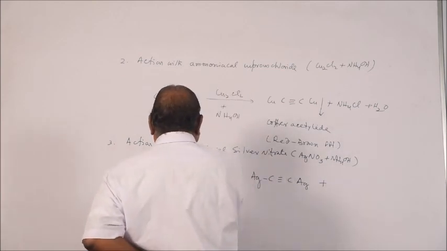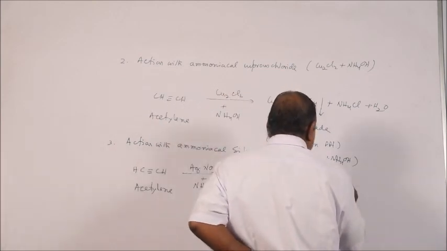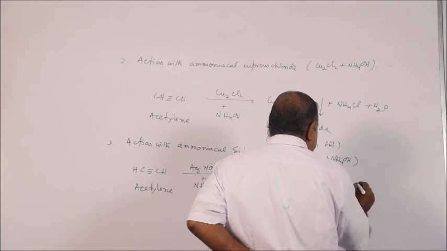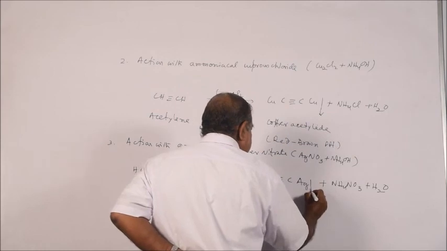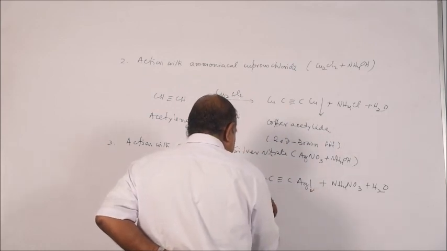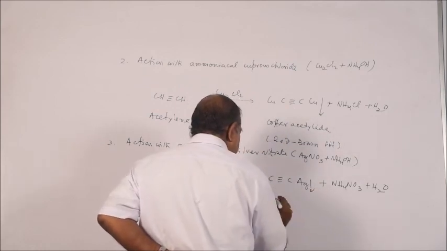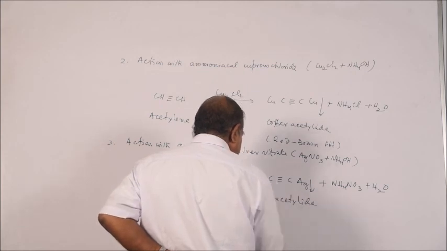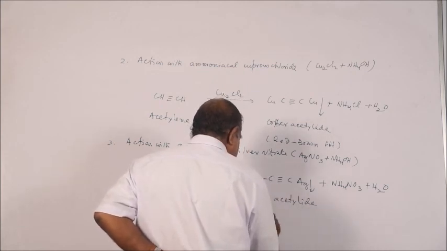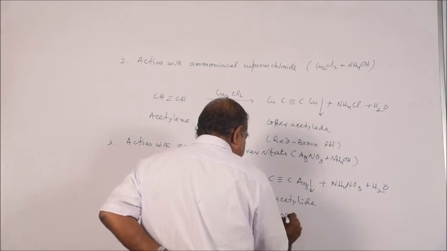Ammonium hydroxide reacts with HNO3 to form ammonium nitrate plus water. This is a solid, silver acetylide, a white precipitate.